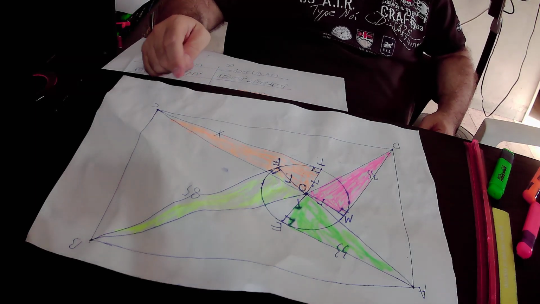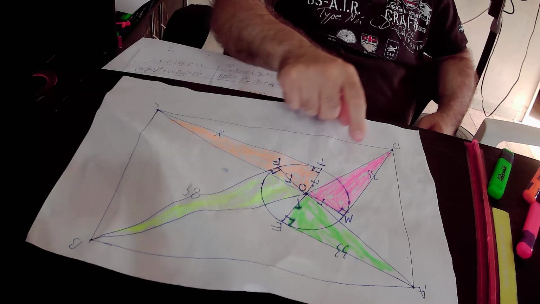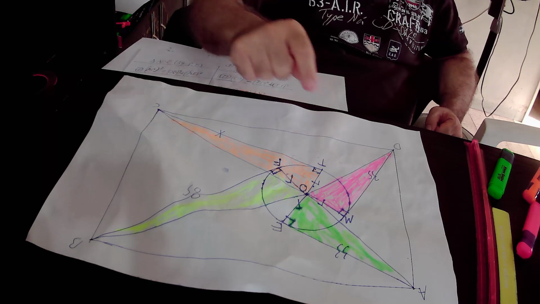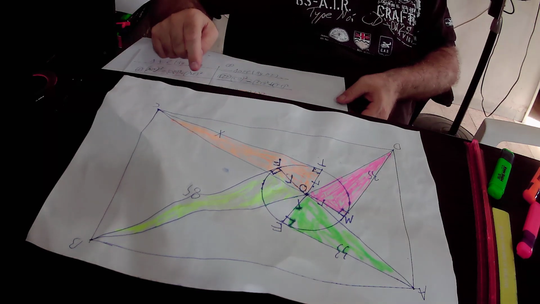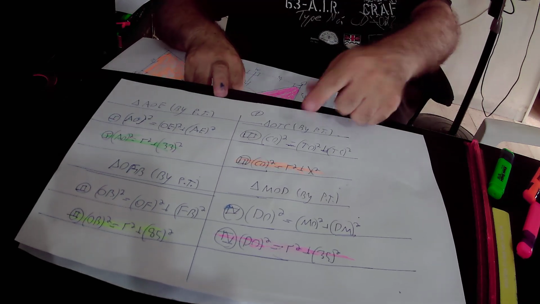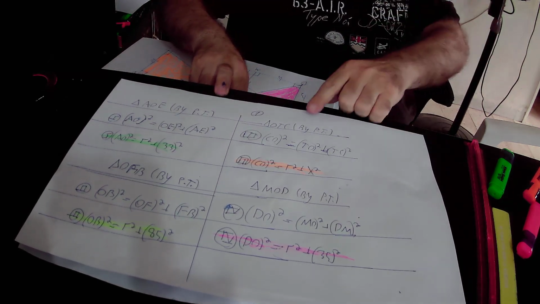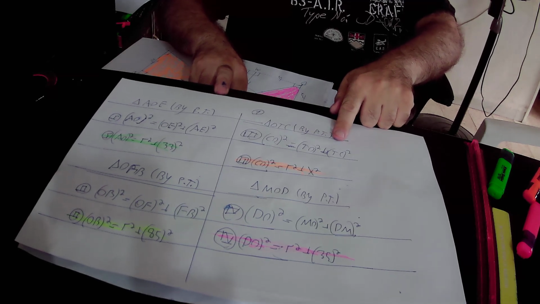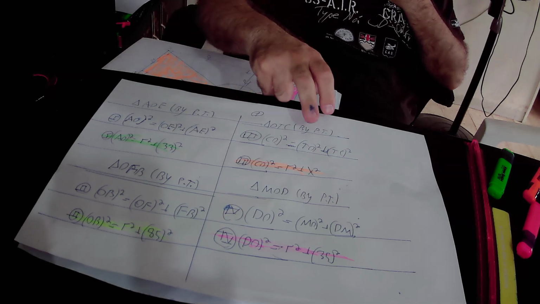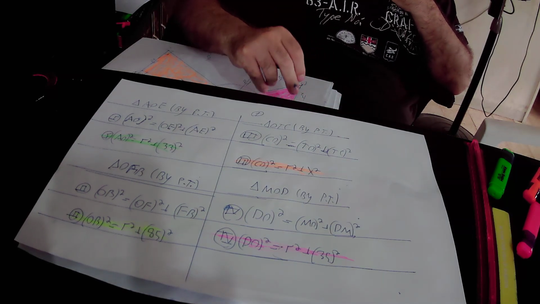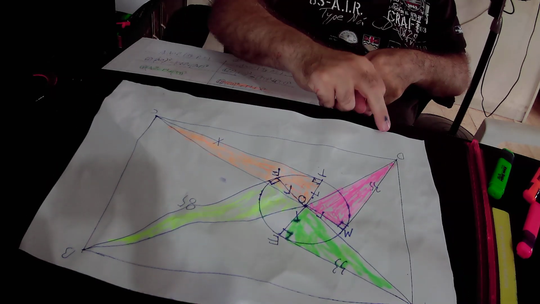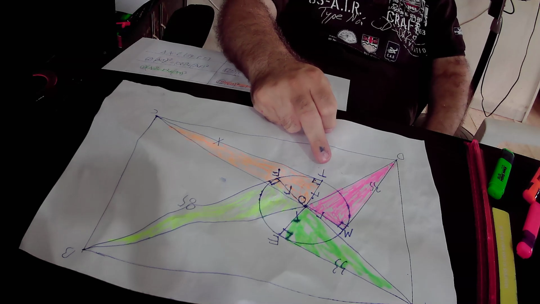According to the Pythagoras theorem, CO square equals TO square plus TC square. TO is R and TC is X, so therefore CO square equals R square plus X square, according to equation number 3. Then we join points D and O together.